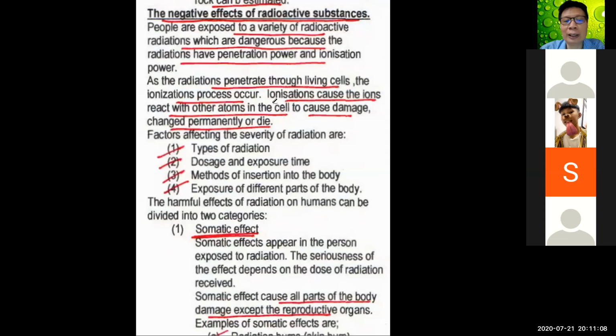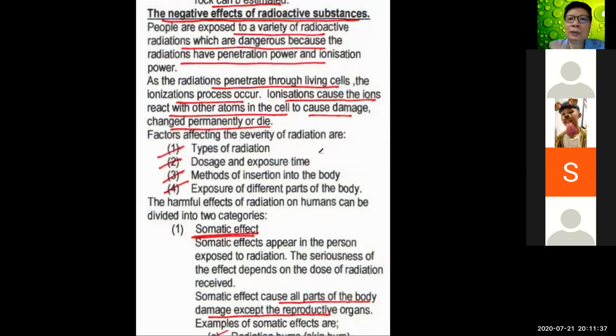The ion will react with other cells and cause damage, changing them permanently, or they die. Dying is not so bad, you die very fast. The problem is when it causes permanent damage, then you never die. Then you suffer for a long time. Cancer.